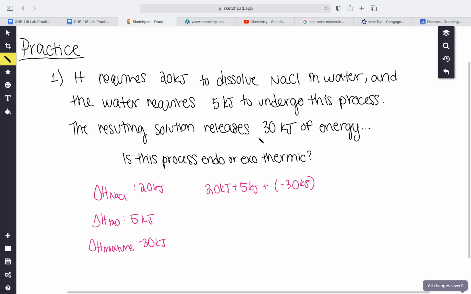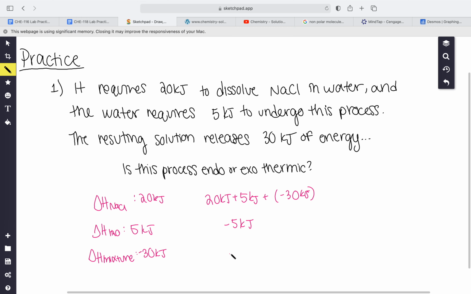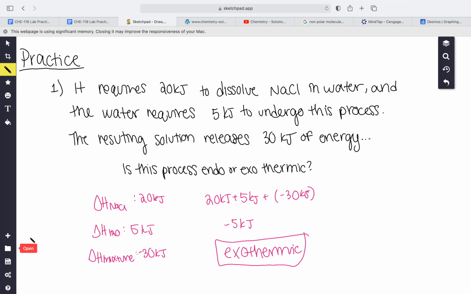I'm sure most of you guys can do that in your head, but it's always good to do it on your calculator. 20 plus 5 minus 30, that is going to give us negative 5 kilojoules. And because it's negative, we know that it's going to be exothermic. So we could say this is exothermic. Okay. And that would mean that the solution is exothermic.